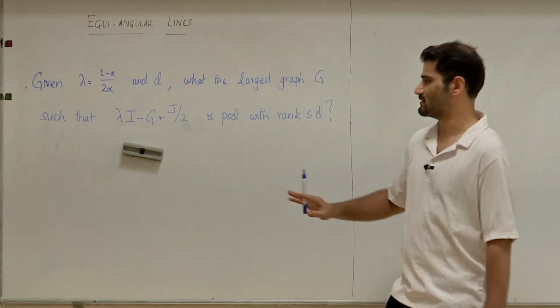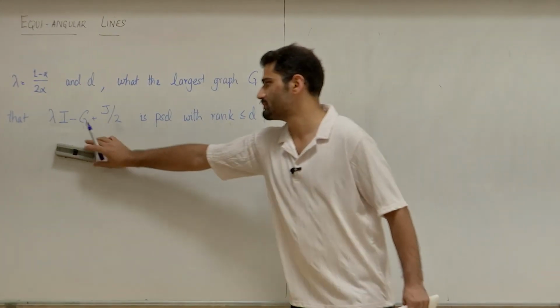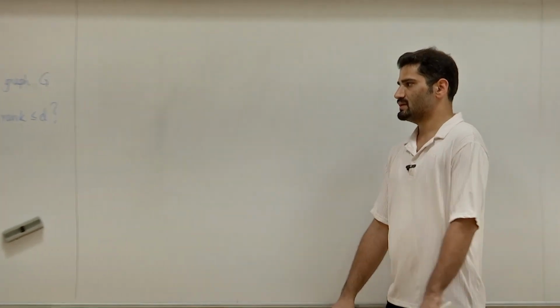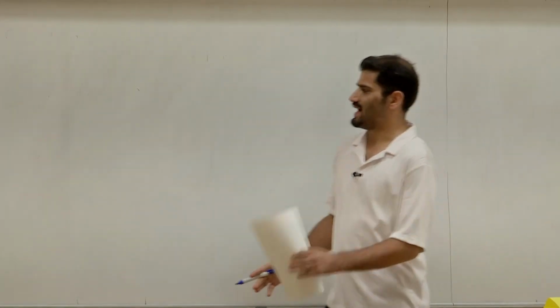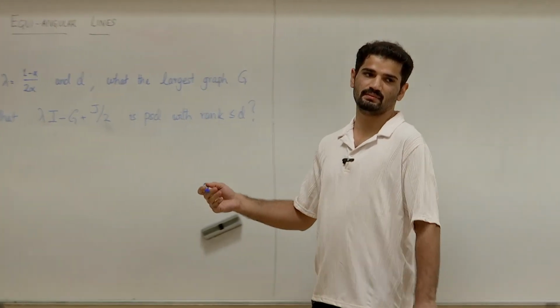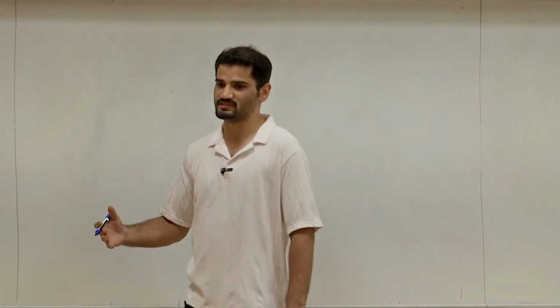I can make D into D plus 1. The real thing is this, which is where the eigenvalue thing comes in. Okay, so what I want to do next is relate this question to the multiplicity of lambda in the eigenvalues of this matrix G. So let us do that.